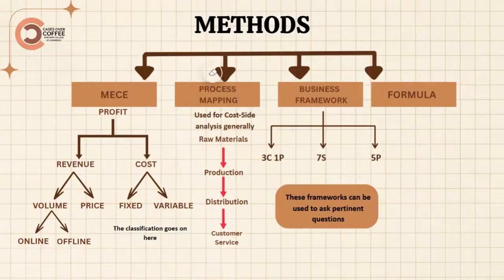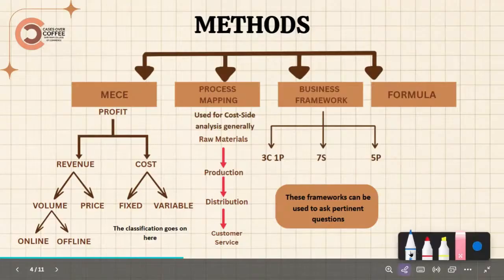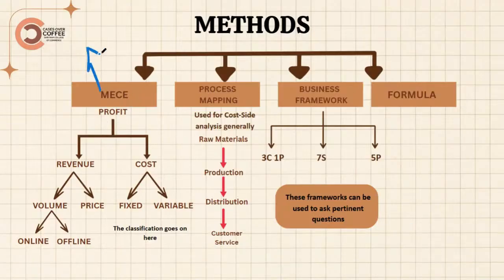Now, how do you actually solve this case? There are basically four types of methods that we use in order to find out the cause behind the profitability fall. First of all is the MECE framework that I guess I had explained earlier as well, so I can explain that further. MECE stands for mutually exclusive, collectively exhaustive, which means there is no third thing.